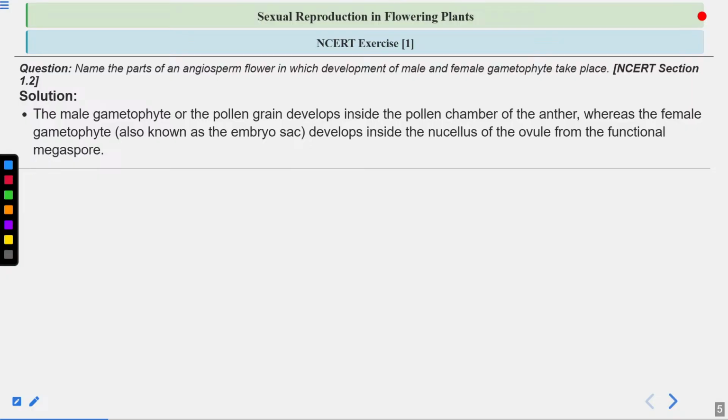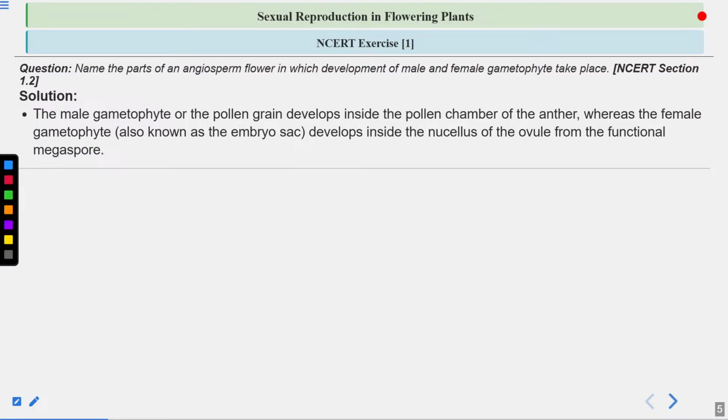And this functional megaspore comes from where? One of the nucellus cells undergoes reduction division, or meiosis, and forms 4 megaspores. Out of these 4, 3 degenerate and only one becomes functional. That functional megaspore gives rise to the embryo sac structure.